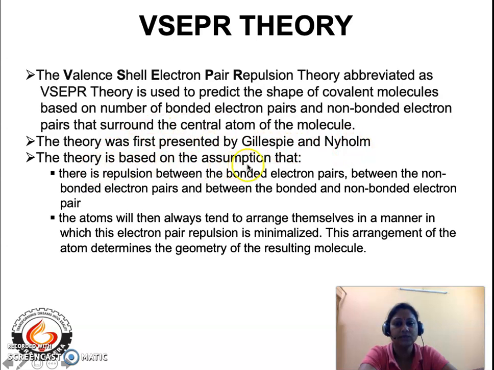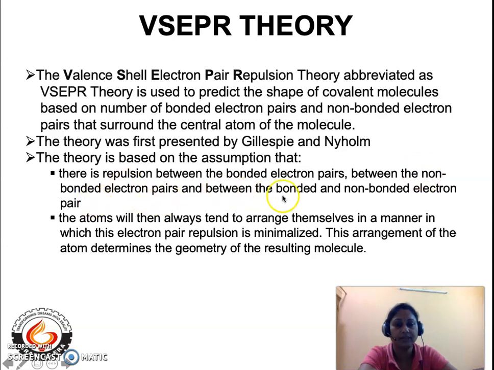The theory is based on the assumption that, as I said, the central atom in a covalent molecule will be having some number of bonded electron pairs, and they may also have some number of non-bonded electron pairs. Since the bonded and the non-bonded electron pairs involve electrons, and we very well know that electrons are negatively charged, there will be repulsion between the bonded pairs, and there will also be repulsion between the non-bonded electron pairs.